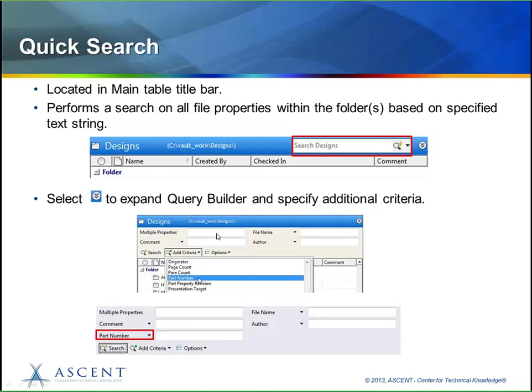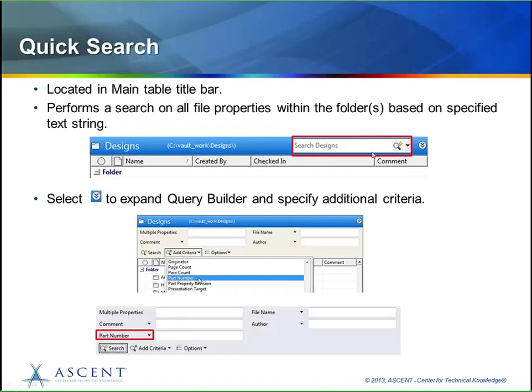Multiple properties: if I type in something there, it'll search all the file properties. Here it's showing that I can add a file property, in this case part number, to the interface, and so this one has been added. I know of a client that we work with for a custom courseware project who has found this very handy to have in this interface.